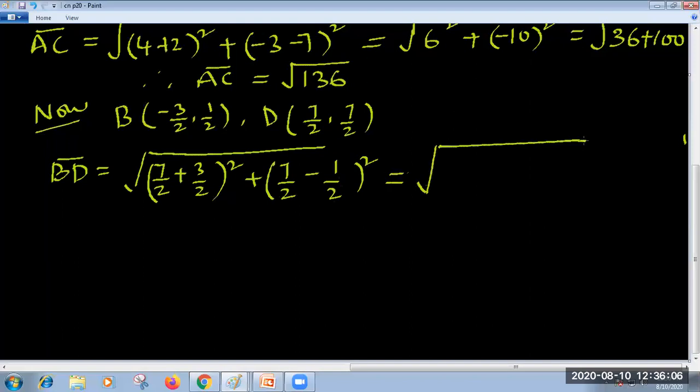So this is equal to 7 plus 3, 10 by 2, and 7 minus 1, 6 by 2. So that will be under root 5 square plus 3 square.